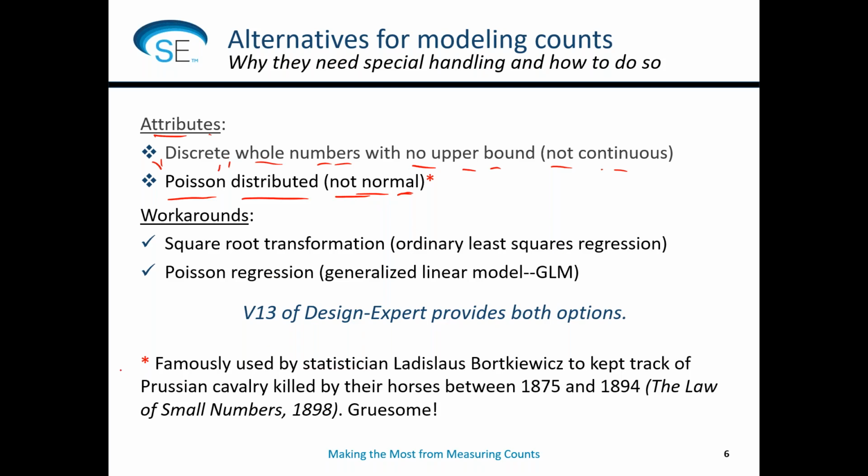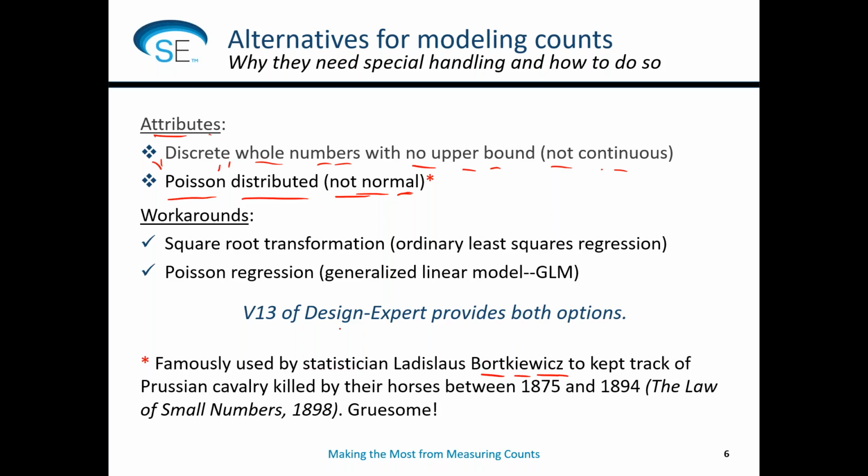Now, interestingly enough, and I discovered this many years ago in reading history of statistics, that this guy Ladislaus Bortkiewicz was one of the first to really make use of this Poisson distribution, and even they thought it should be called the Bortkiewicz distribution. But I guess I'm going to say Poisson, maybe a little easier than Bortkiewicz.